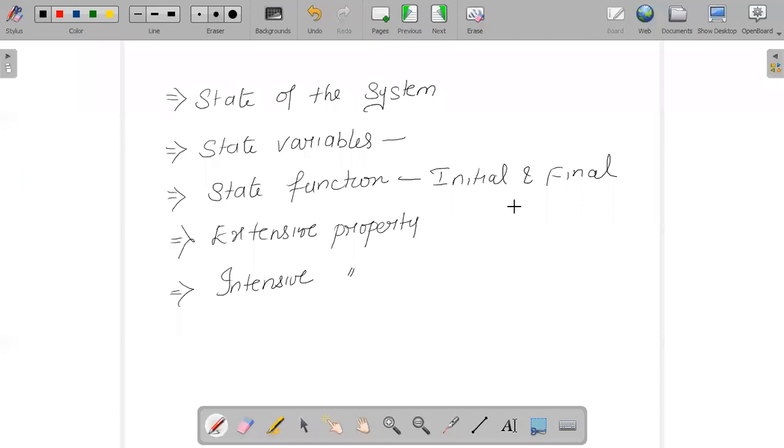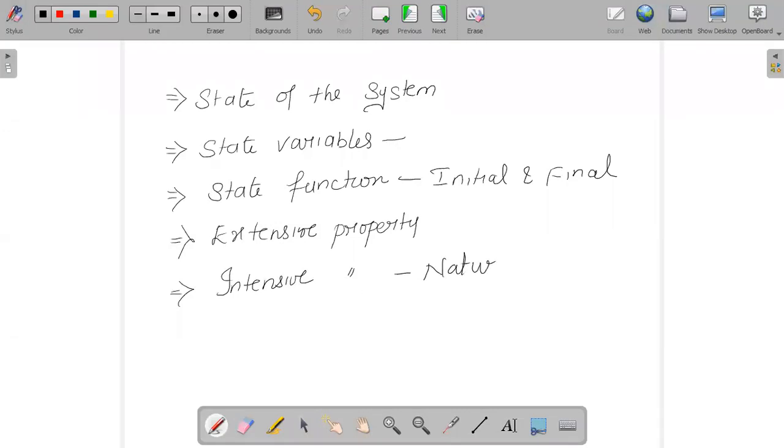In the same way, we have intensive property. These are the properties that do not depend upon the quantity of matter contained in the system, but absolutely depend upon the nature of the substance.